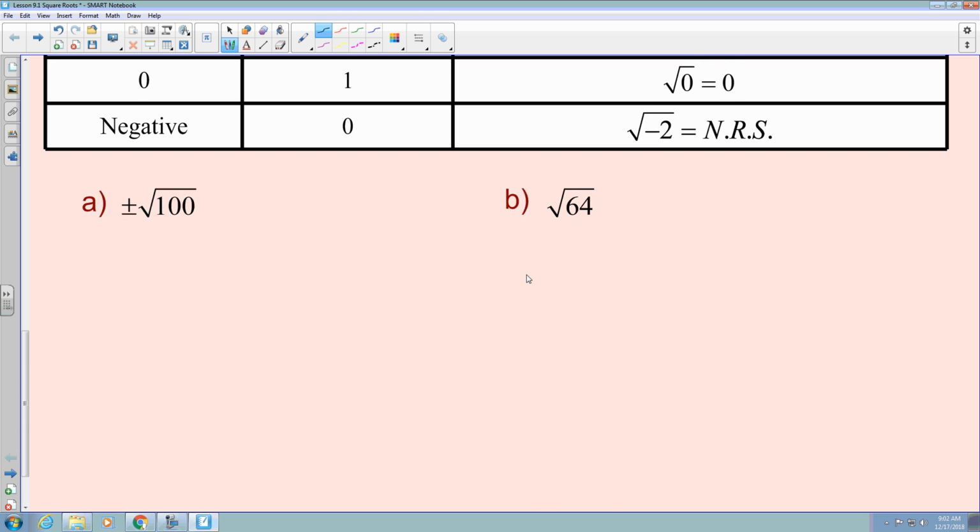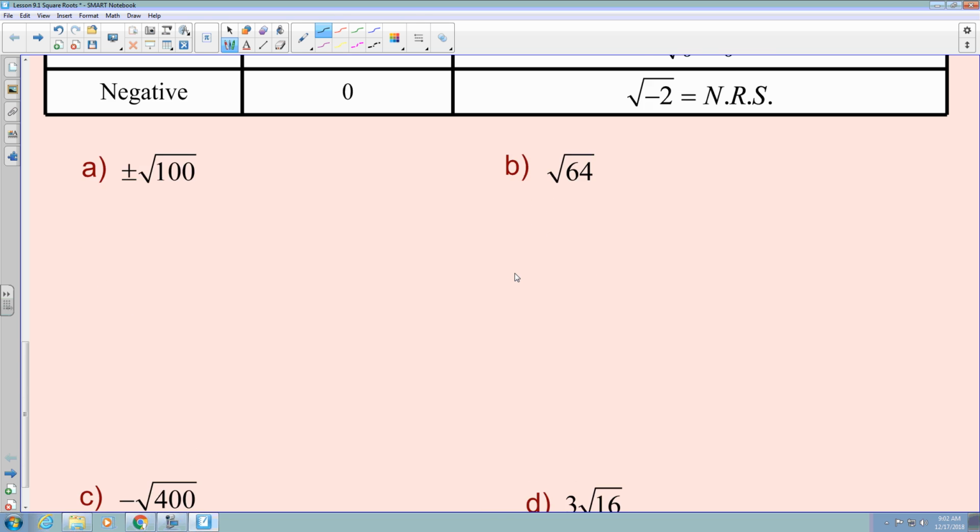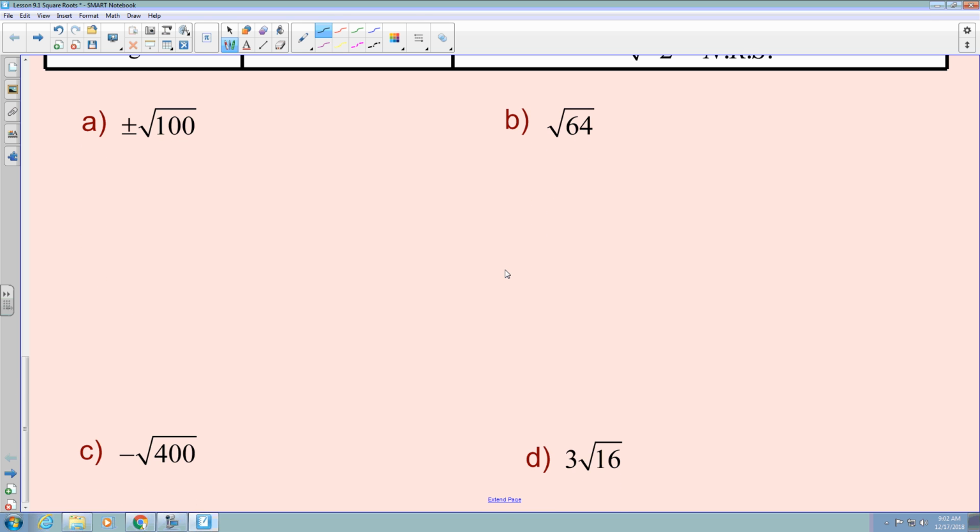All right, so looking at these examples, first off we have plus or minus the square root of 100. Since the square root is already written in the value, we can just write it as the signs that are given to us.